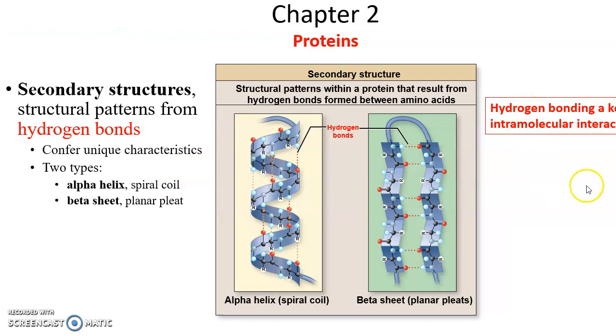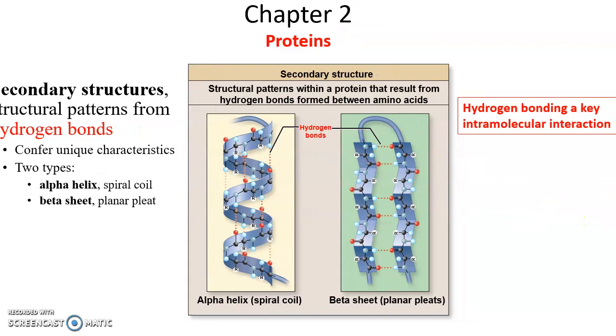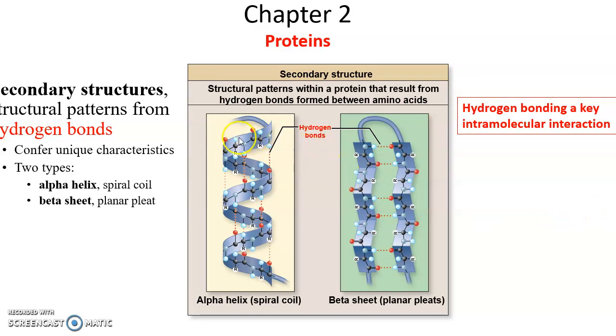The secondary structure is how the different parts of the long chain of amino acids are interacting with each other, either forming alpha helixes that are helical in shape, a nice coil, or beta sheets, which are more pleated planes. These interactions are occurring via hydrogen bonding. So hydrogen bonding within the long amino acid chain leads to secondary structures, alpha helixes and beta sheets.